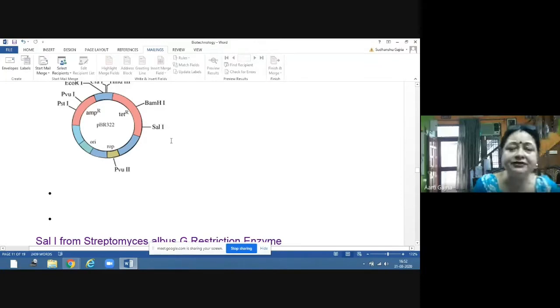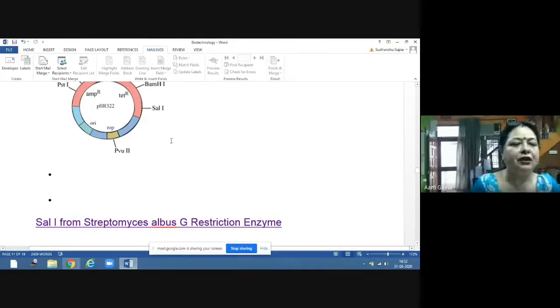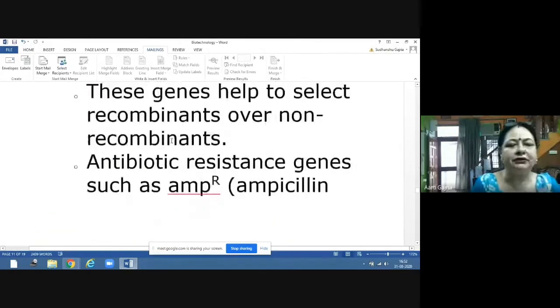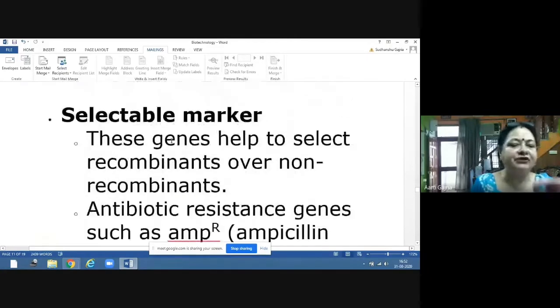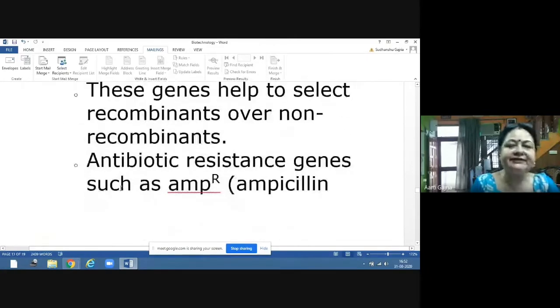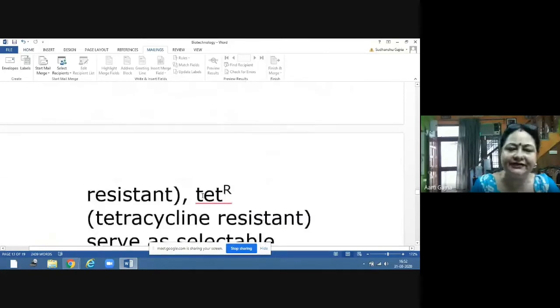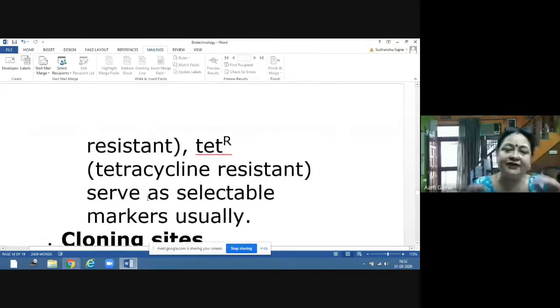Selectable markers means which can isolate a recombinant from the non-recombinant. So there are two antibiotic resistant genes, ampicillin resistance and tetracycline resistance, serving as selectable markers in pBR322.